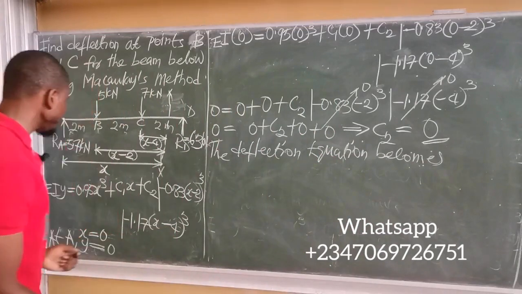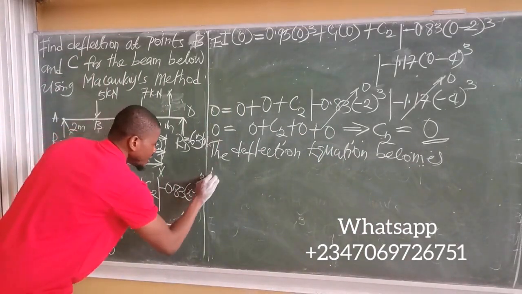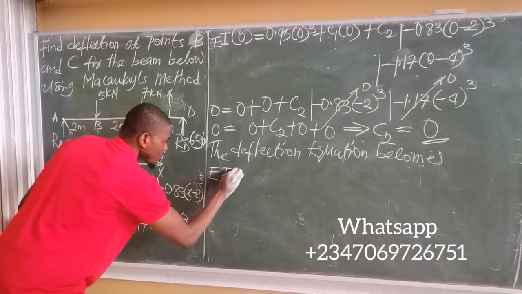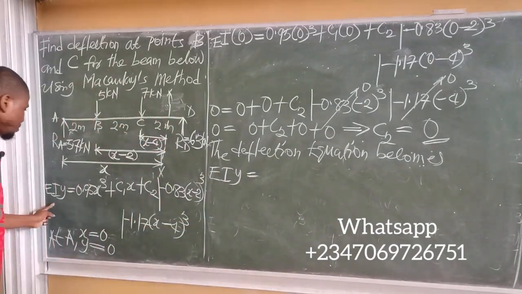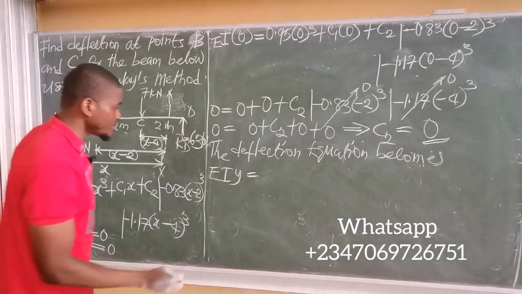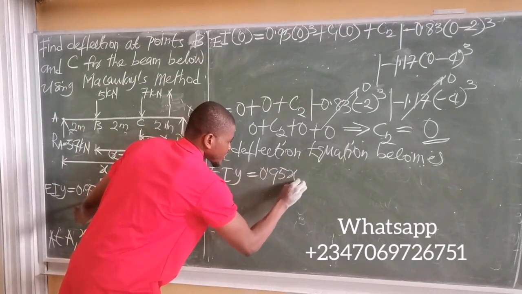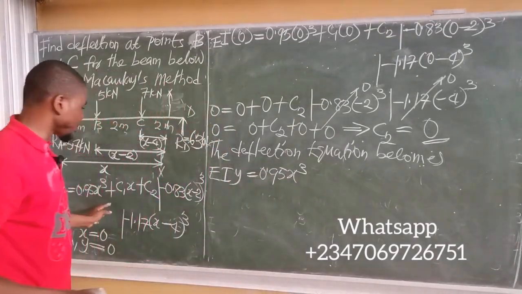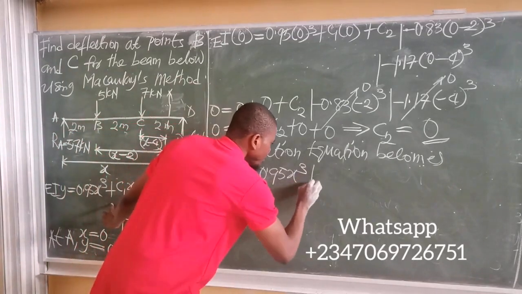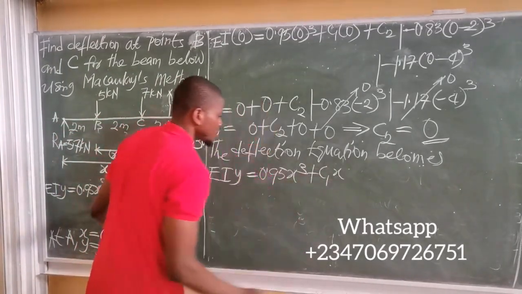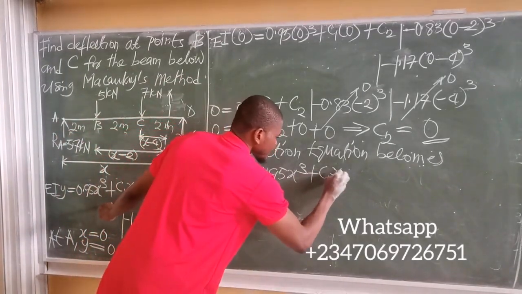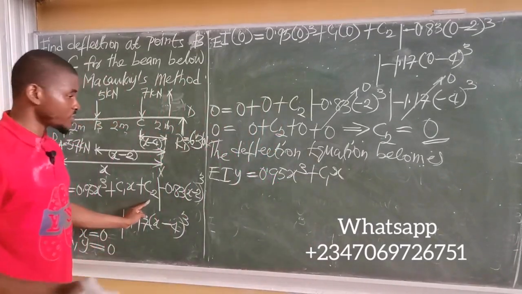Here we have EI, y is simply the deflection, equals 0.95x cube, plus C1x. Of course C2 is off because C2 is 0.